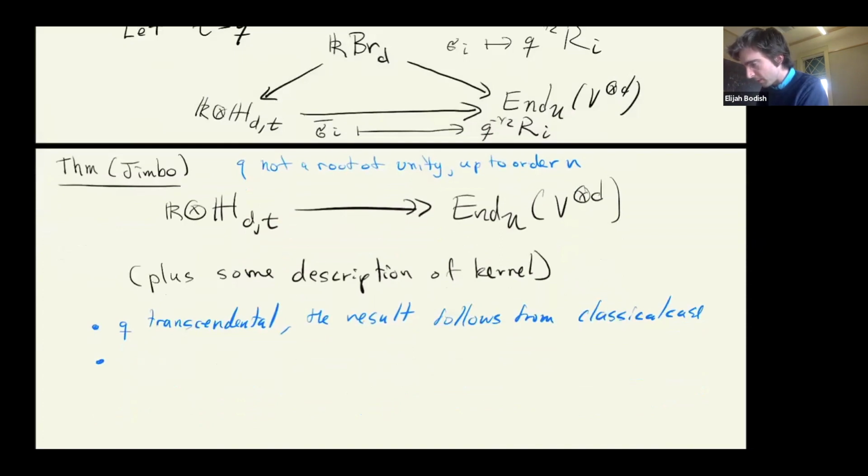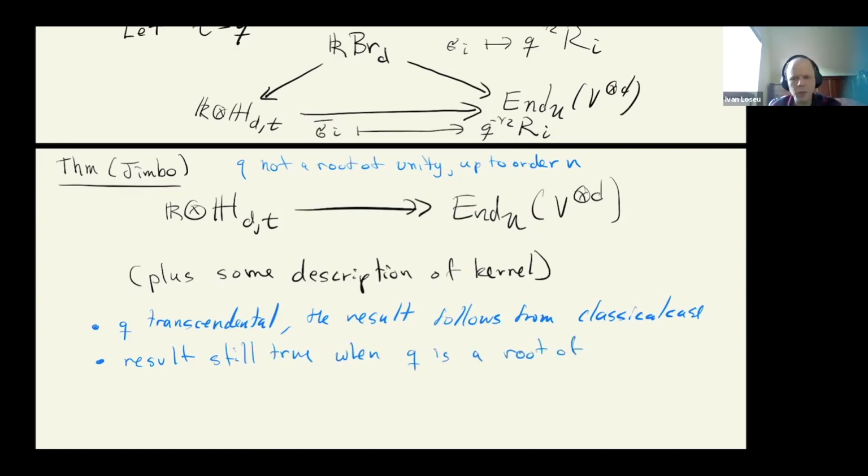And then I maybe had an incorrect remark. Yvonne, you can correct me, but I thought that the result was actually still true when q is any root of unity. Well, but you need to deal with Lusztig's form of the quantum group.